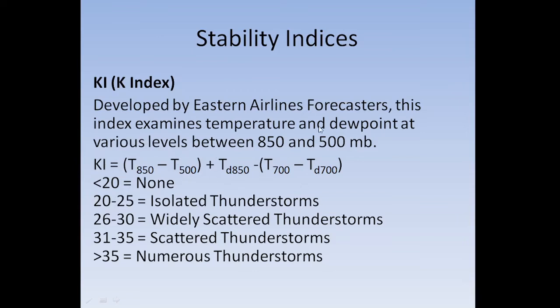These temperatures in the upper layers tell you, do you have a cold over warm situation or a warm over cold situation? So if your value ends up being less than 20, there's no threat of instability, no threat of thunderstorms. 20 to 25 isolated, 26 to 30 widely scattered thunderstorms, 31 to 35.